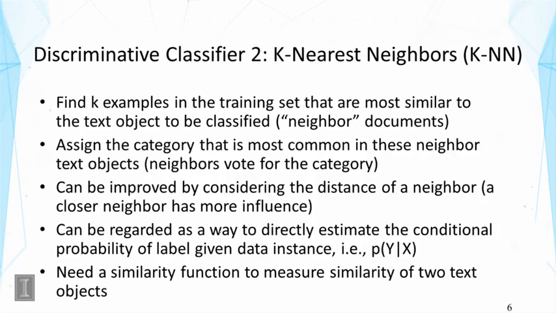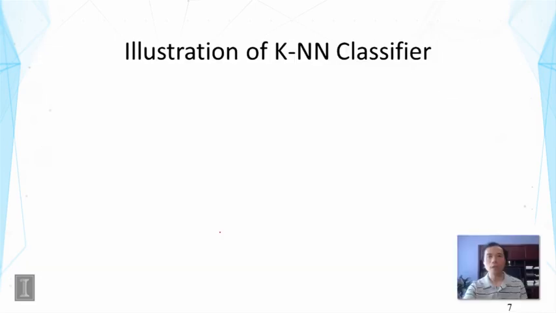Basically, effective features are those that would make the objects that are in the same category look more similar, but distinguish objects in different categories. So the design of this similarity function is closely tied to the design of the features in logistic regression and other classifiers. So let's illustrate how KNN works.